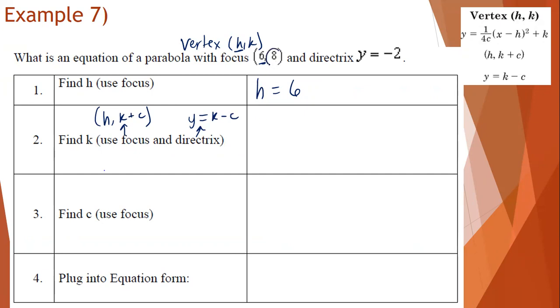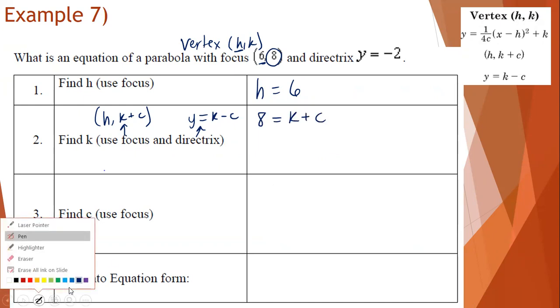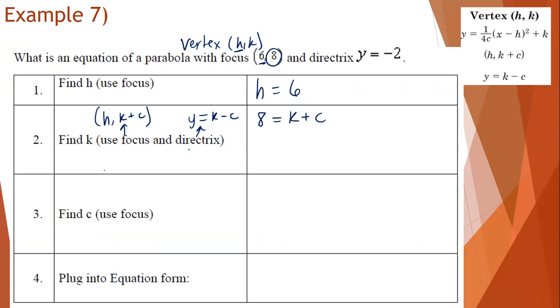It is 8. So we know that 8 equals k plus c. Using our directrix, which is equal to -2, we know that -2 equals k minus c.